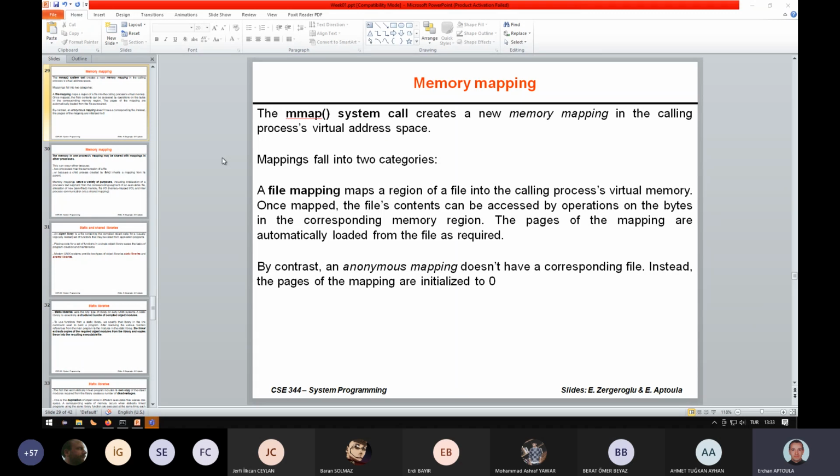It is a very powerful system call in the sense that it can create new memory mappings in the memory space of the process that executes that system call. Now, what exactly is a memory map?